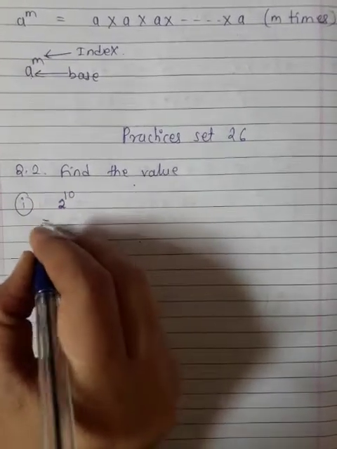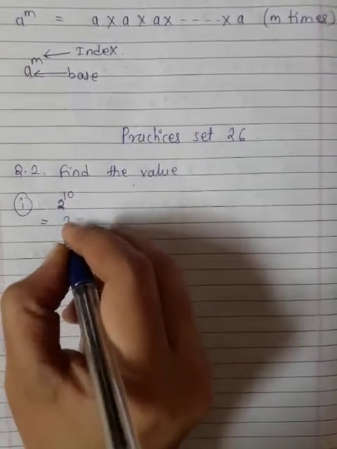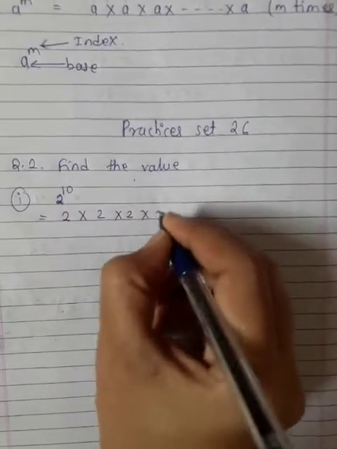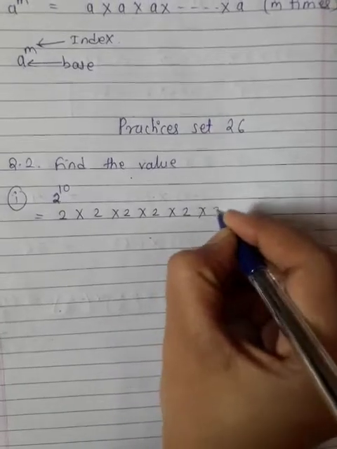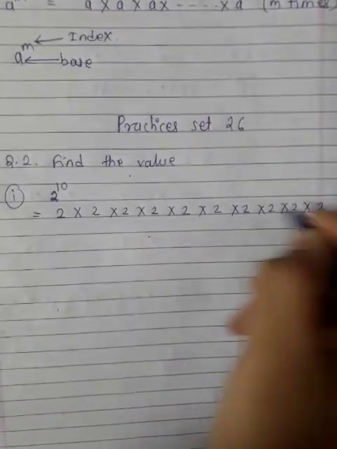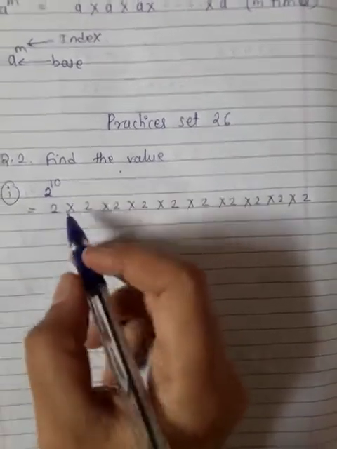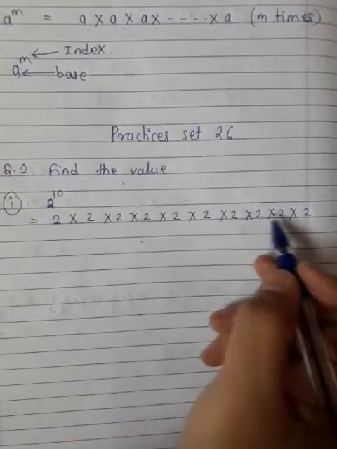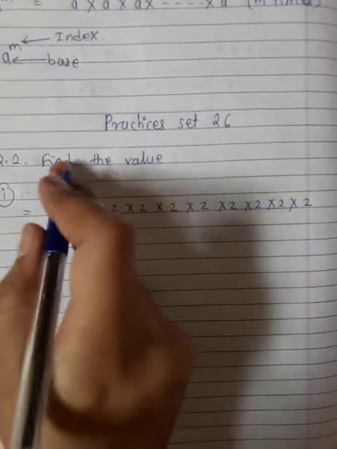So we know 2 raised to 10 means what? Multiply 2 how many times? 10 times. 1 2 3 4 5 6 7 8 9 10. 2 raised to 10 means multiply 10 times, and we have to find its value.